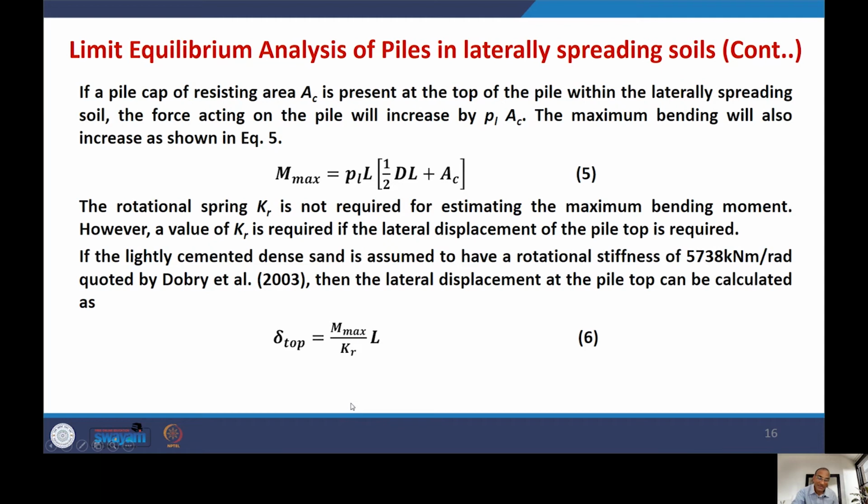So using equation 6, one can find the lateral displacement of the pile top. It will be maximum. So this was for when the pile is passing through the lateral spreading soils.